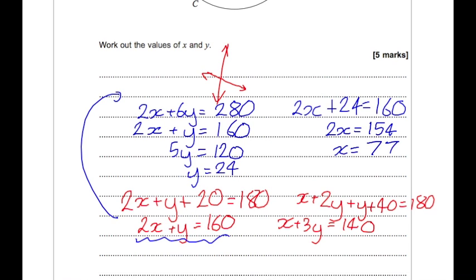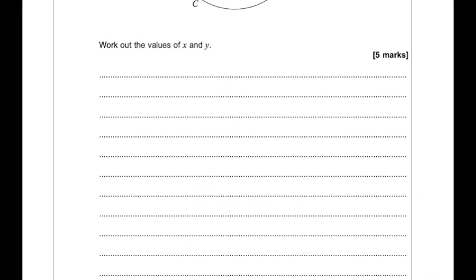What have I done wrong? So I just can't take away, that's why. So we should have got 2x plus 134, which would have been 68. Okay, remember it's a non-calculator exam, and it is easy to make little slip-ups, as you can see.